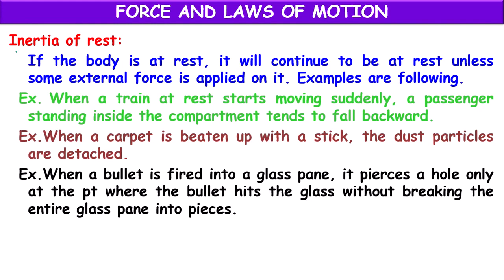Inertia of rest means if a body is at rest, it continues to be at rest unless some external force is applied on it. That is inertia of rest. Examples: when a train at rest starts moving suddenly, passengers in the compartment fall backward because they don't want to change their state of rest.